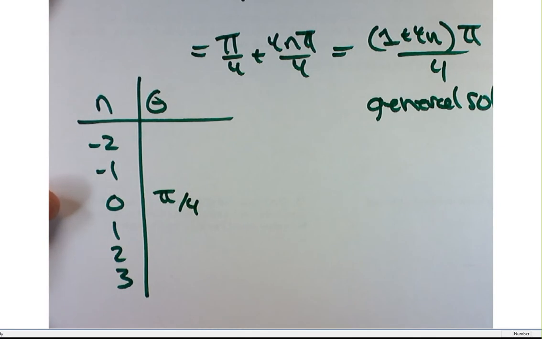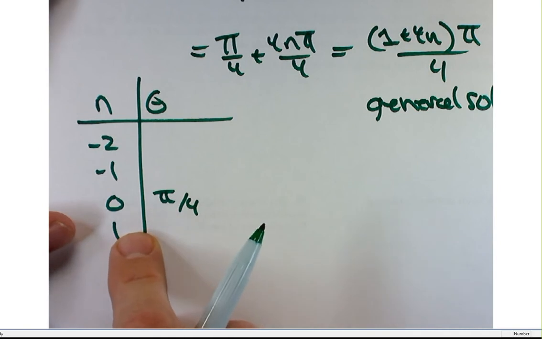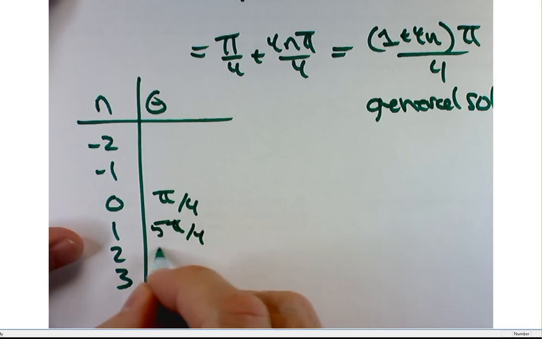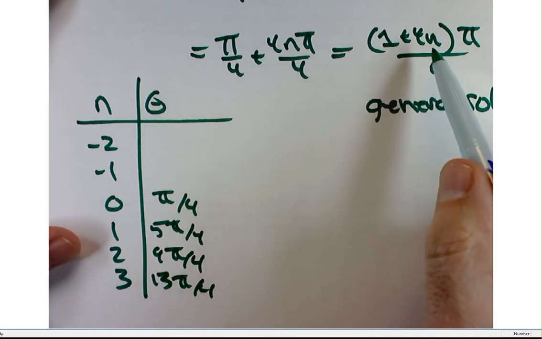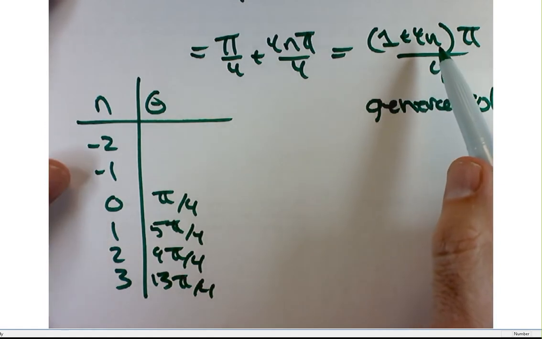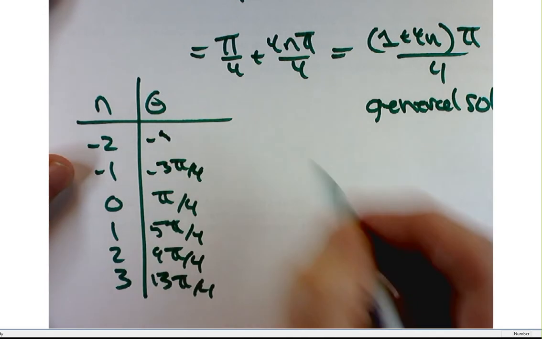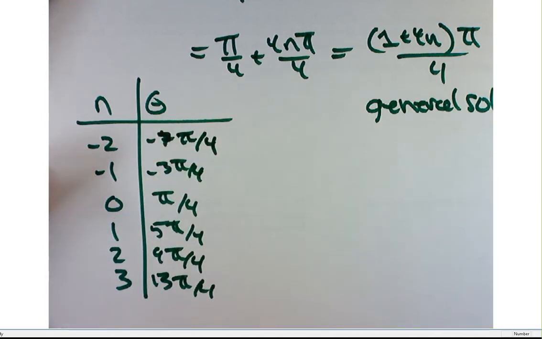How about n equal 1? 5 pi over 4, and then 9 pi over 4, 13 pi over 4, and so on. I hope you see all I'm doing is substituting different values for n here. So that'd be negative 3 pi over 4 and negative 7 pi over 4. Awesome. There you go. These are your particular solutions.